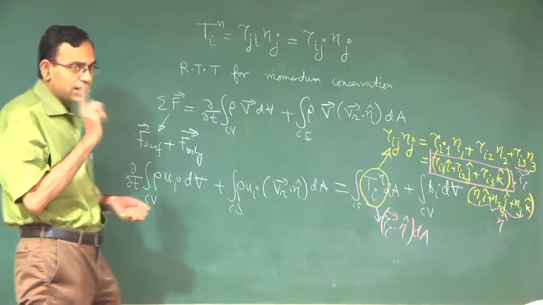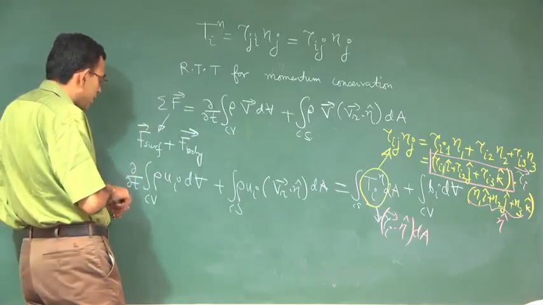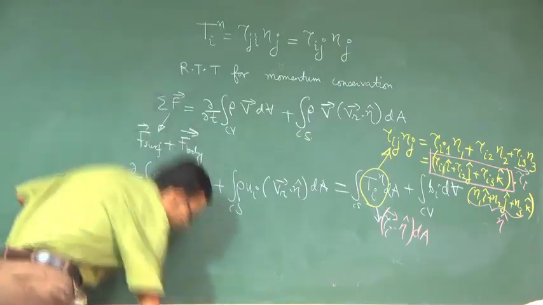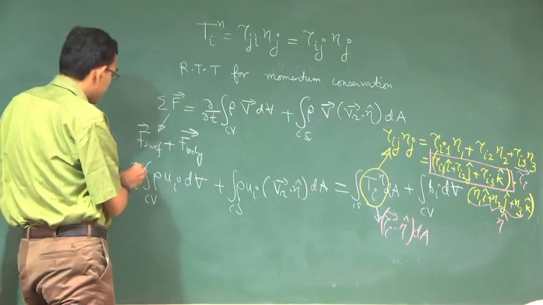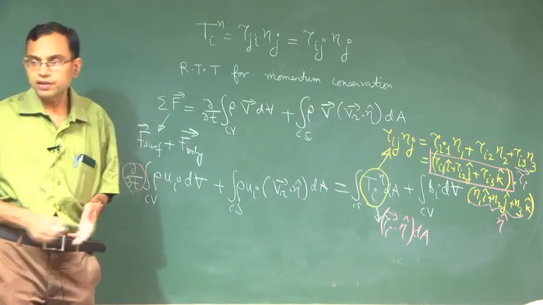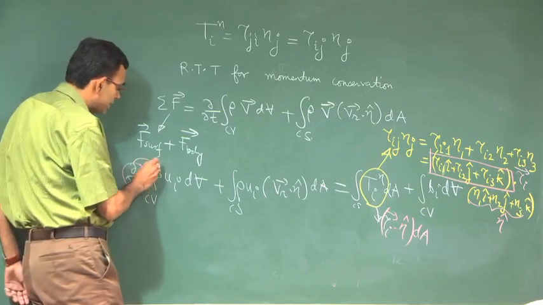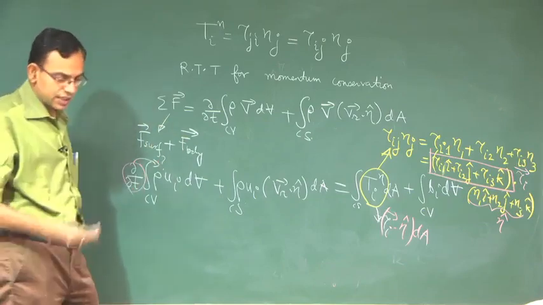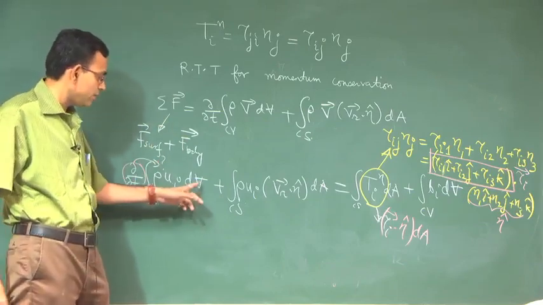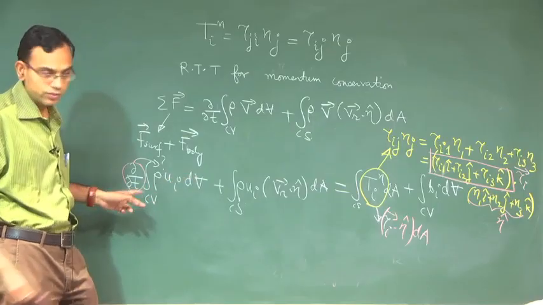So only one thing is restricting us, that is this time derivative is outside, we want to bring it inside. Question is when can we do it? We have discussed it earlier, we can do it only if this V is not a function of time, that means a non deformable control volume.